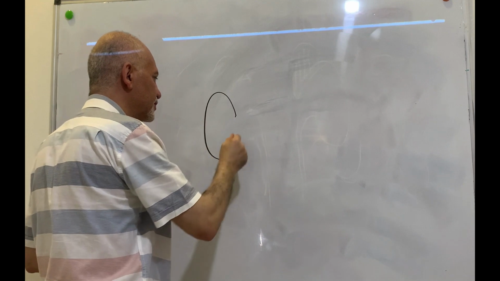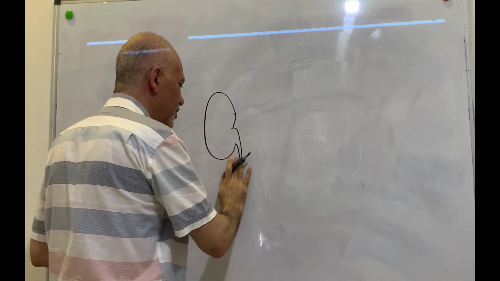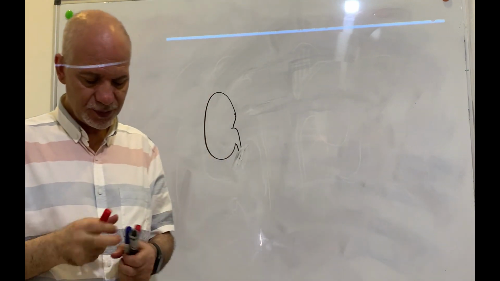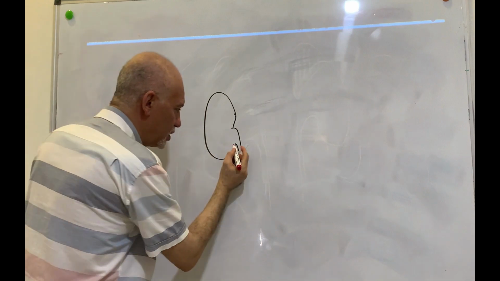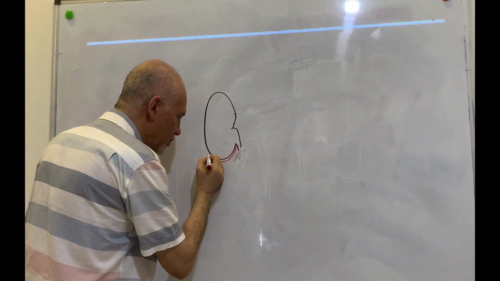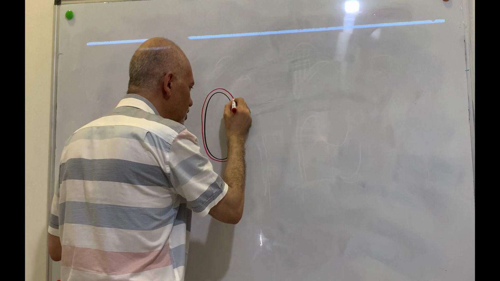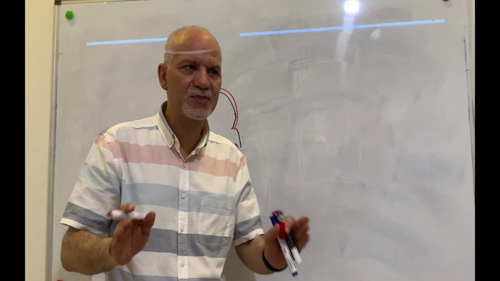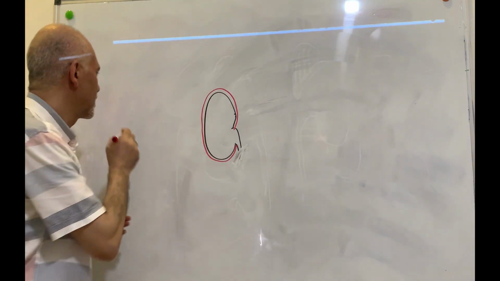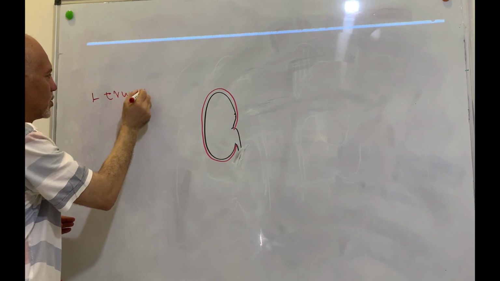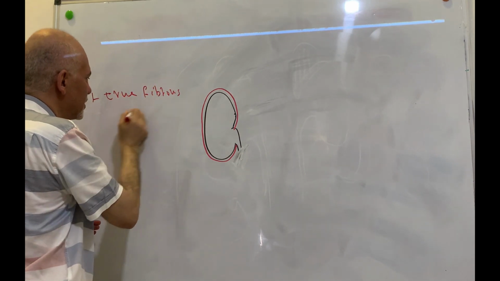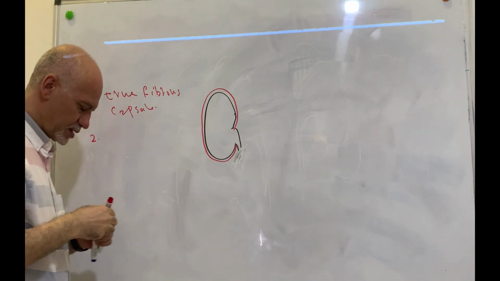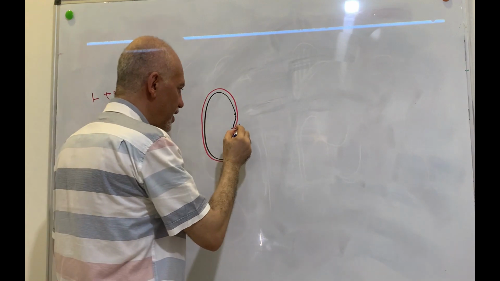Suppose this is the kidney. There are 4 capsules. First capsule, which surrounds the kidney, is the fibrous capsule. Any gland is surrounded by fibrous capsule. Number two, fat. Fat surrounds the kidney.